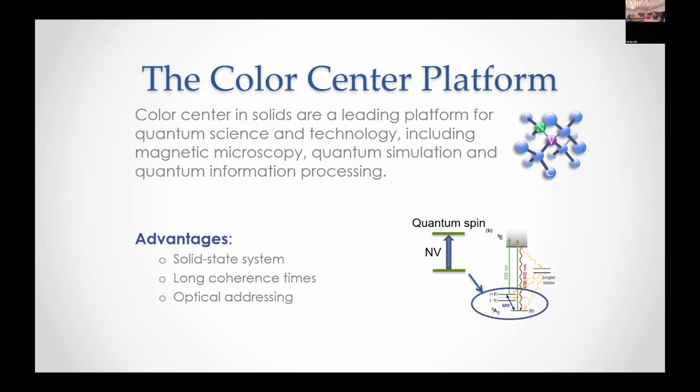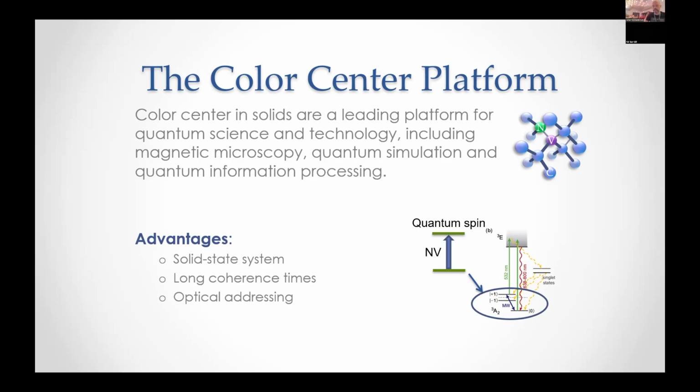People coming from atomic physics or cold atoms or ions would potentially appreciate the fact that having such a localized system, which essentially has an atomic structure, not precisely, but looks like an atom, that we can address and manipulate without having to do any trapping or to use any vacuums or cryogenics, is potentially attractive and useful for practical applications. So we have this solid state system hosting an atomic-like quantum system.